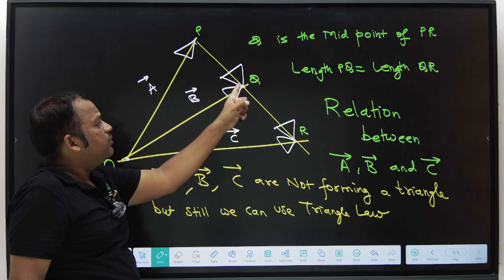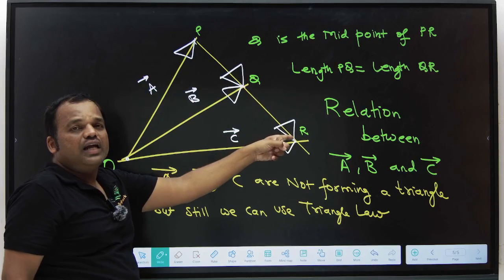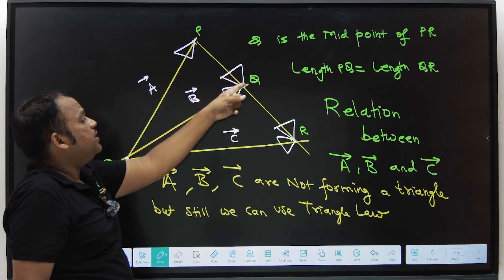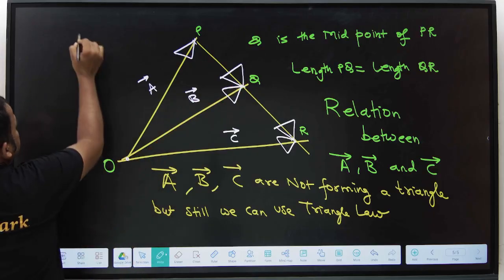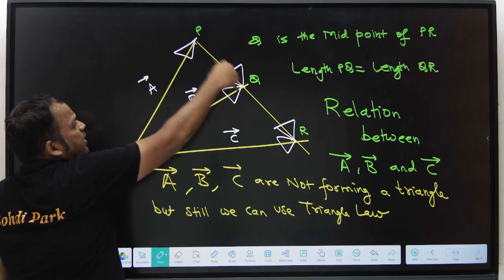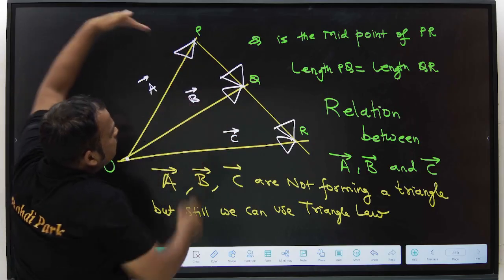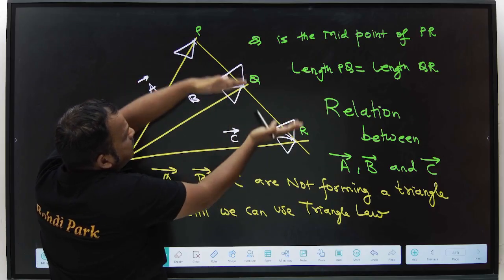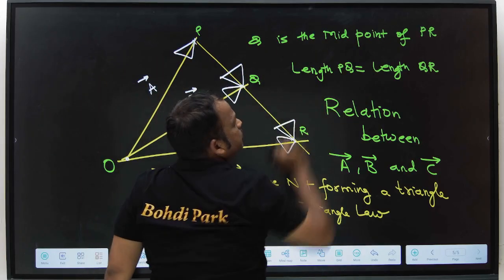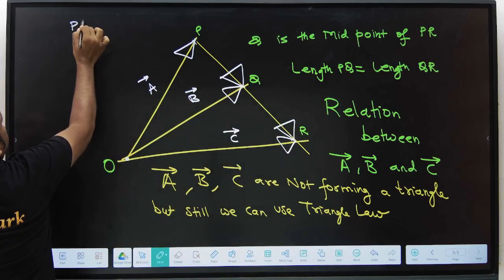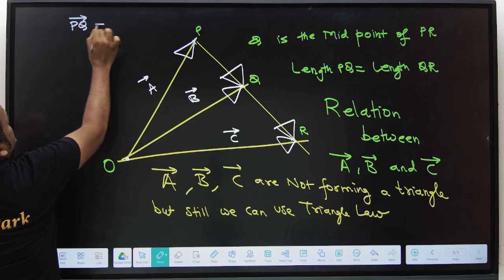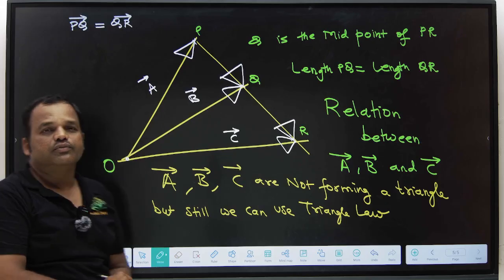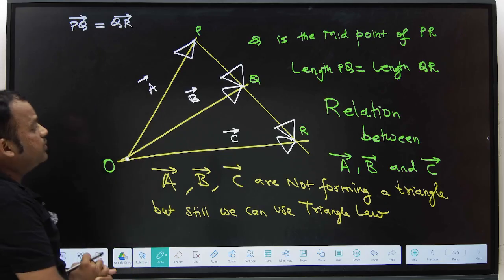The vector QR has its tail at Q and head at R, and for PQ the tail is at P and the head is at Q. Now you observe PQ and QR, they have same direction and same magnitude, because Q is the midpoint of PR. So PQ vector is equal to QR vector.